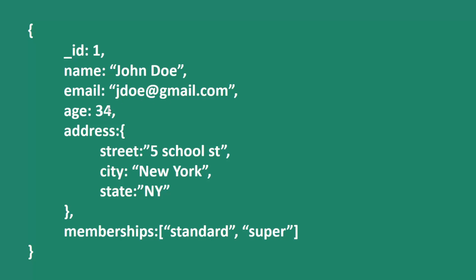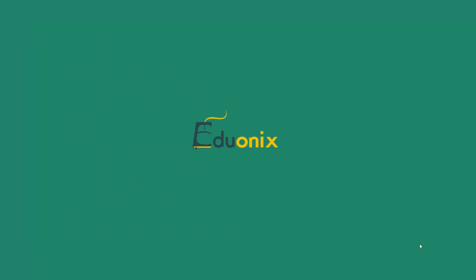Now if you're using decimals or floats, those are going to be number field types. Address is actually an embedded object. So we have a street, a city, and a state, which are all strings. And then down here we have memberships, which is an array of strings. So we can use these data types within MongoDB.